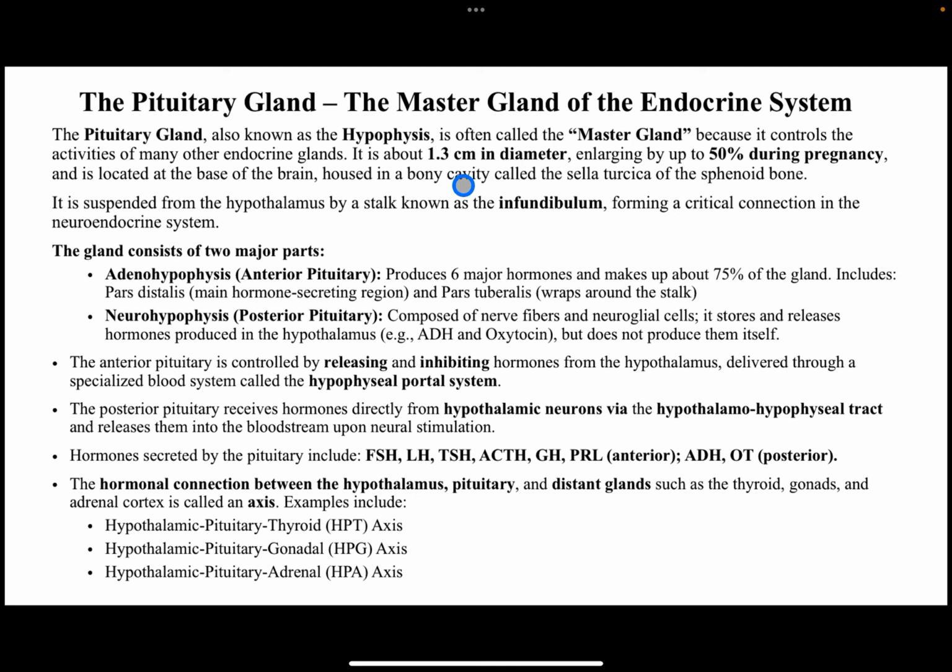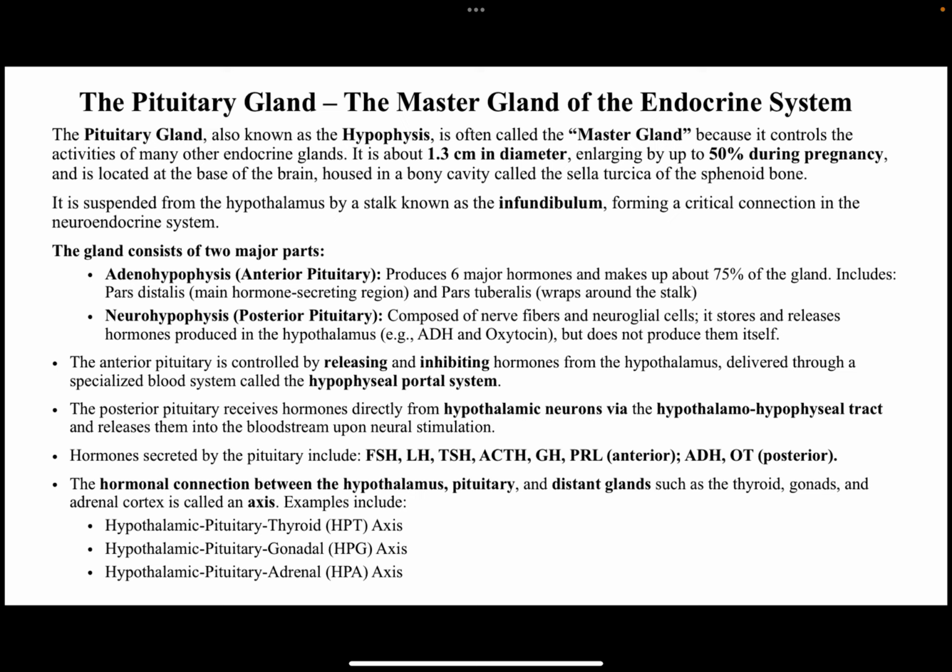And this is very significant in anatomy. It's something that you have to know in anatomy. It is suspended from the hypothalamus by a stalk known as the infundibulum, forming a critical connection in the neuroendocrine system. And we mentioned this gland consists of two parts, the anterior pituitary and the posterior pituitary.